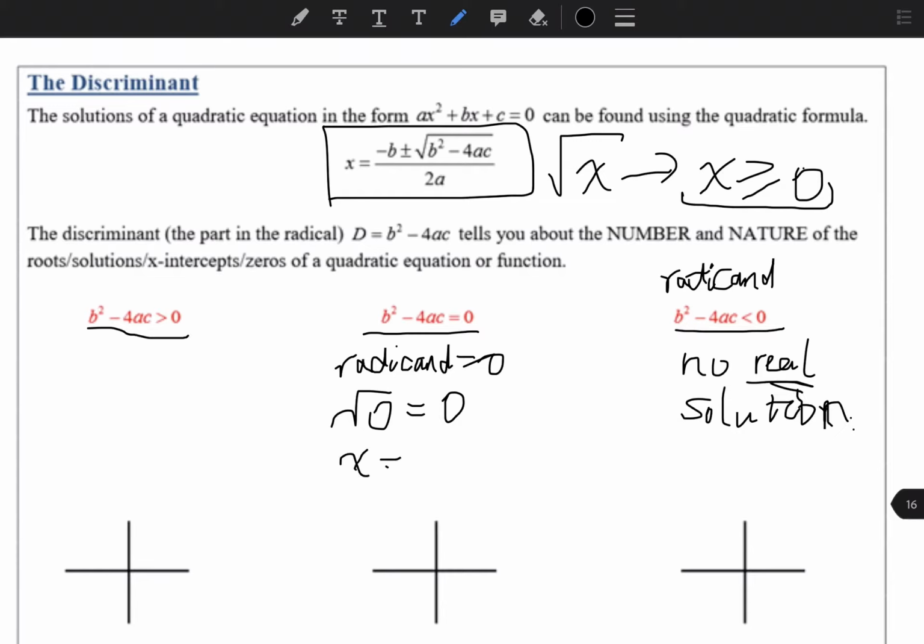So you just get x equals negative b plus or minus 0, over 2a. It doesn't matter because it's a 0, so this disappears. That's the only answer you have left, which means there is only one real solution.